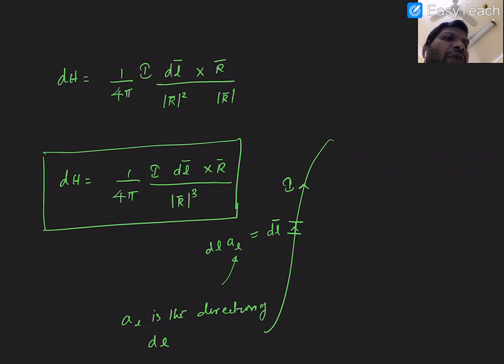So mainly you have to just remember two things. Suppose there is a current carrying wire carrying a current in this direction.